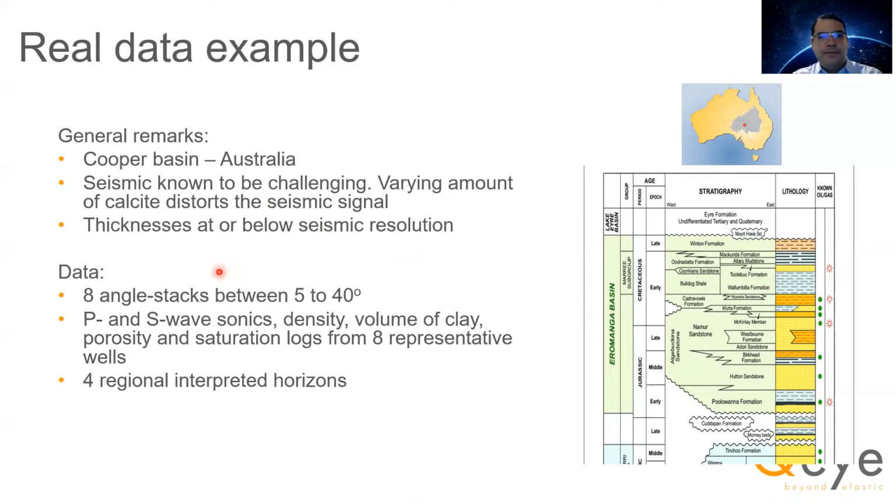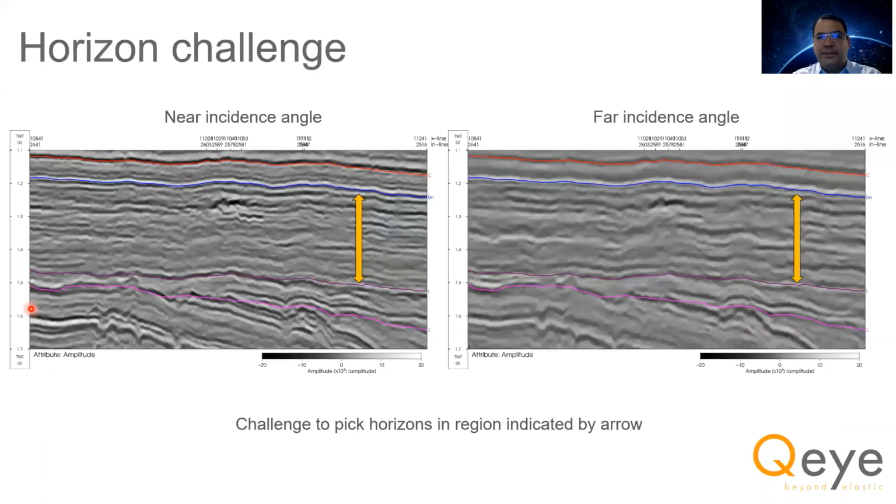The data we use for this experiment consisted of 8 angle stacks between 5 to 40 degrees, and we use P-wave, shear wave, sonic logs, density, clay volume, porosity, and saturation logs from 8 representative wells, and 4 regional interpreted horizons.